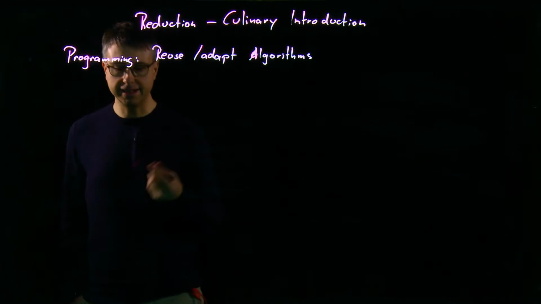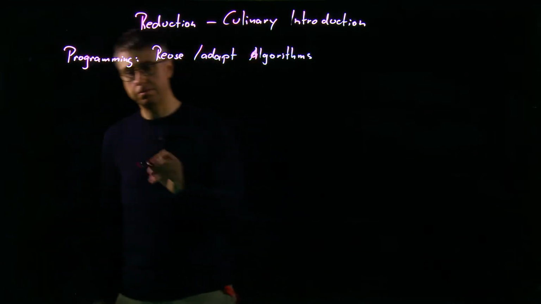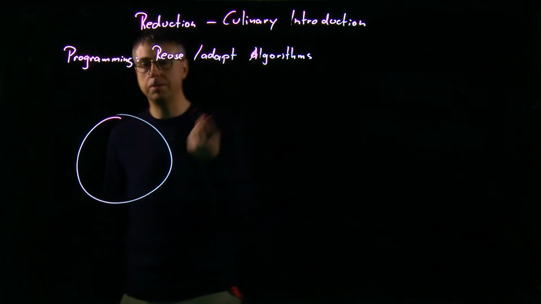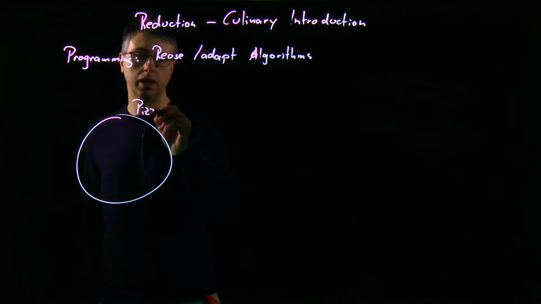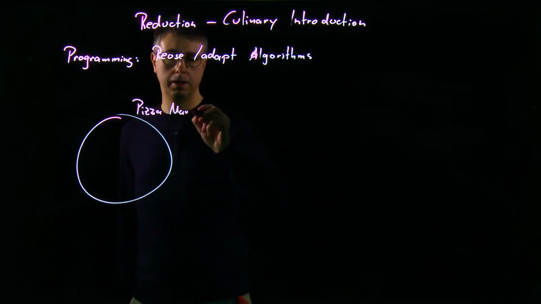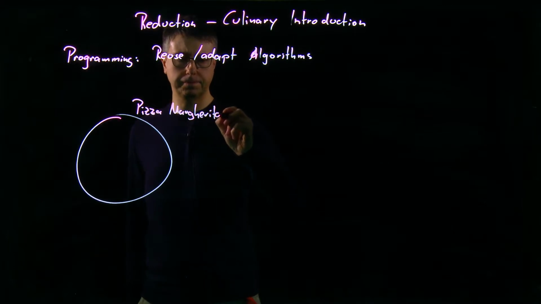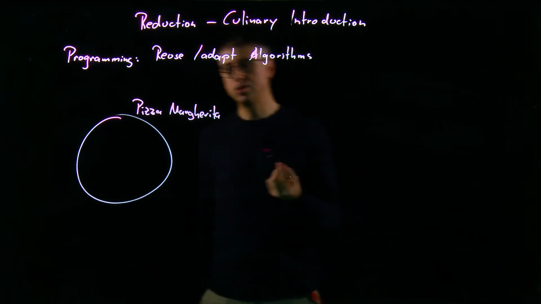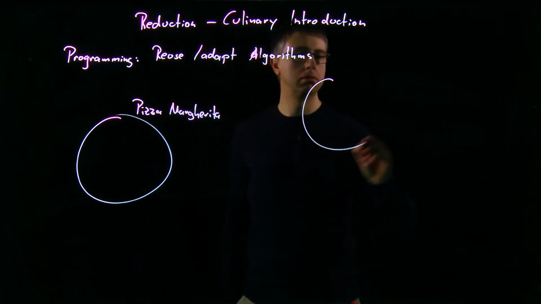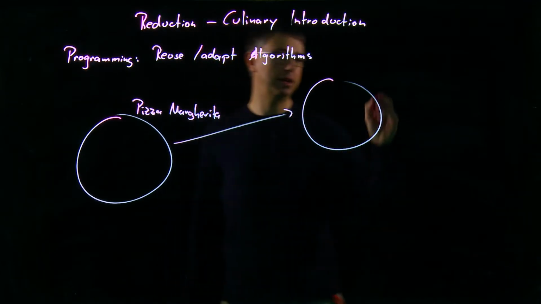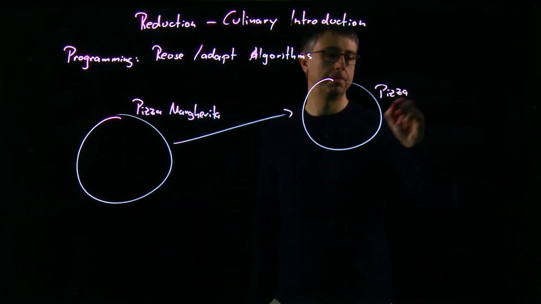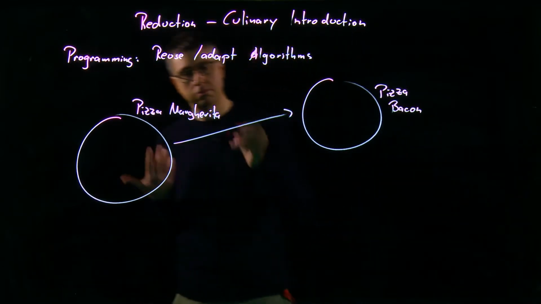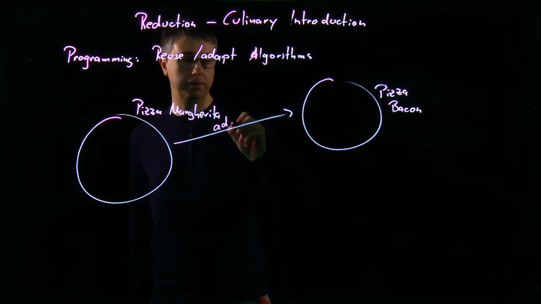And you do more or less the same when making pizza. Assume, for example, you have no real idea how to make pizza, but you have somehow an algorithm for pizza margherita. Once you have this algorithm, it's quite easy to adapt it to, let's say, an algorithm for pizza bacon, because to go from here to there, you simply add bacon.